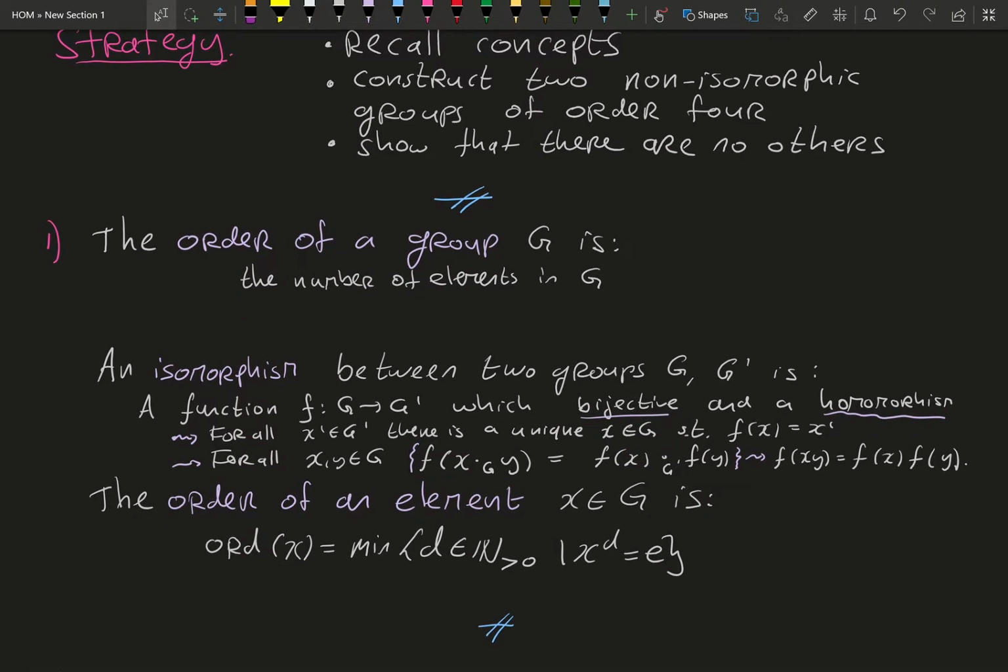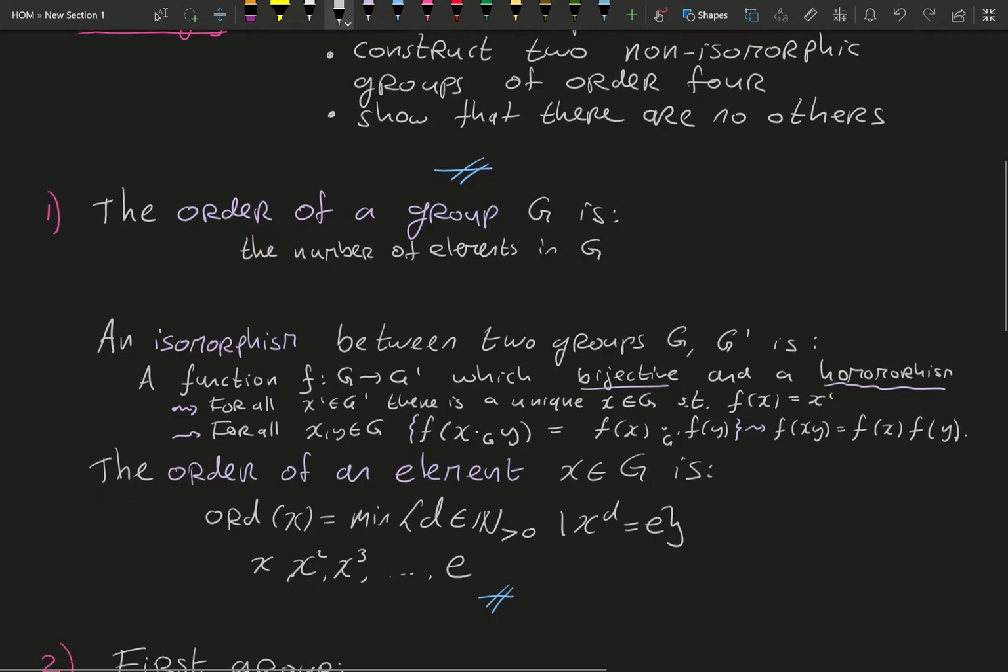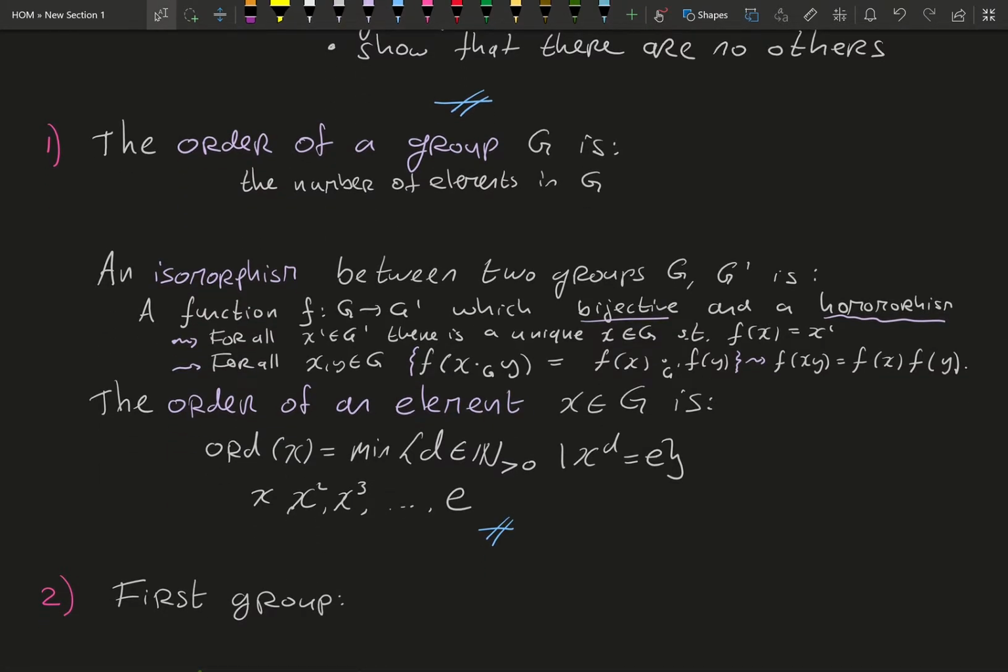So it's the first time that if you take x and then x squared and then x to the third, you might at some point end up with the neutral element e. And d is the first time that this happens, because it might be that if x to the fourth is e, then maybe x squared is already also e.